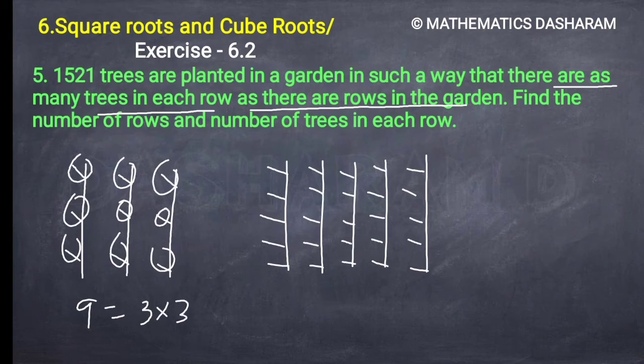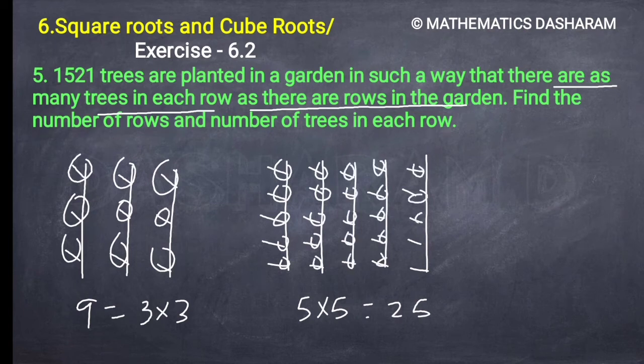Similarly, here total 5 rows are there, and in each row 5 trees. So 5 into 5 equals to 25. See here 1, 2, 3, 4, 5, 6, 7, 8, 9, 10, up to 25.